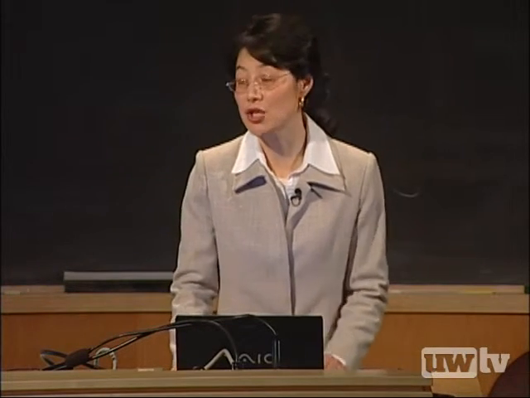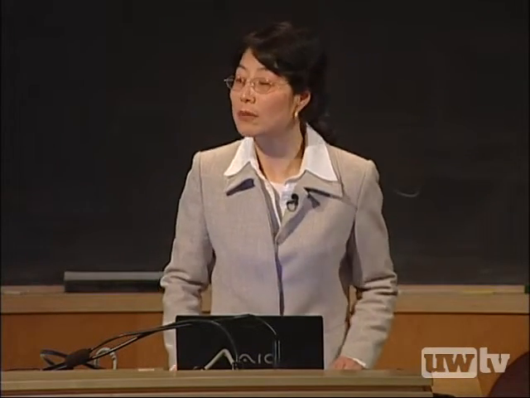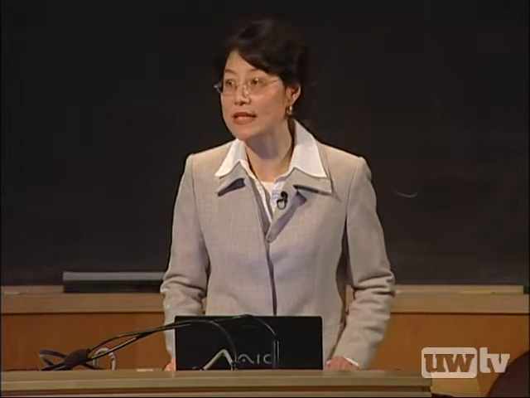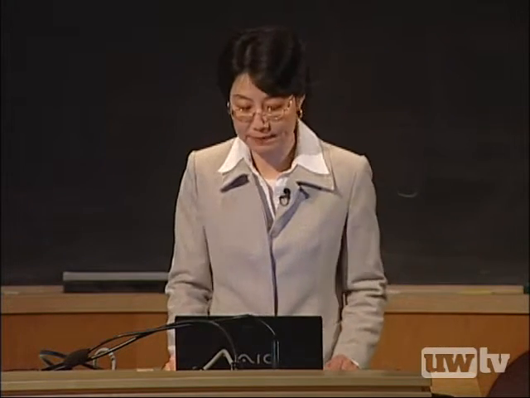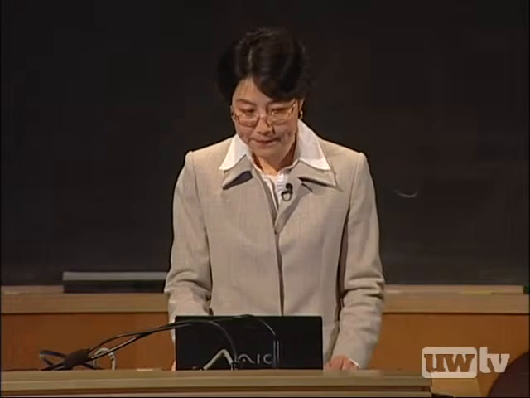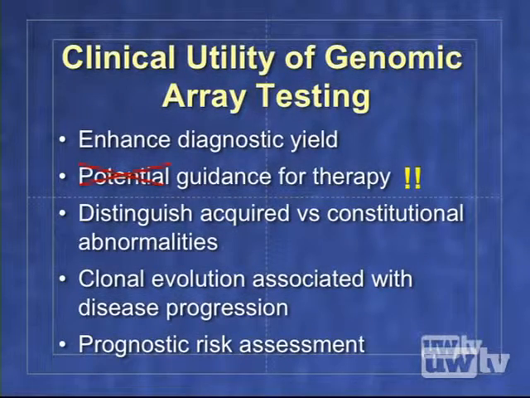So therefore, this patient was put on clinical trial protocols for managing high-risk patients and is considered for a transplant as well. So we can be pretty confident now to say, yes, it does help the management of the patient.